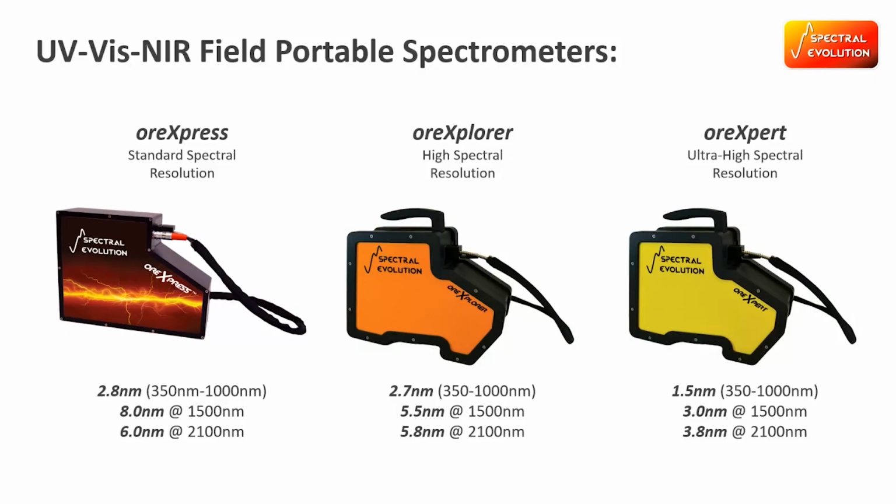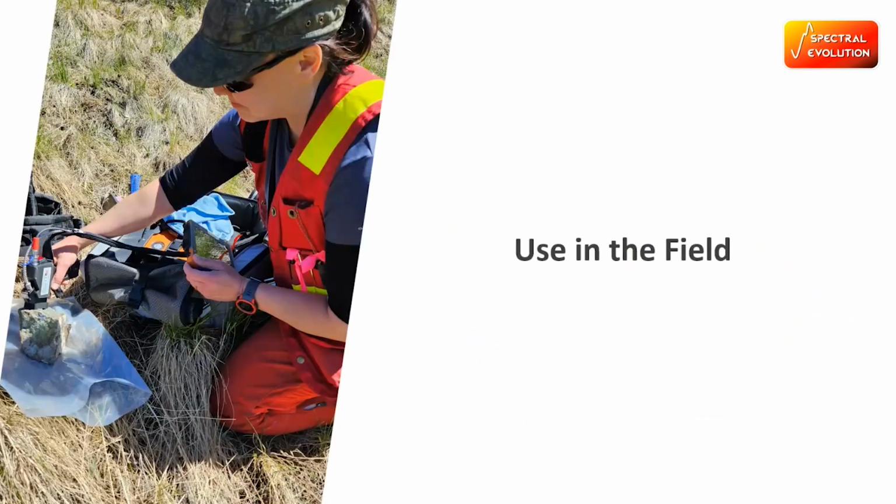So for all of your really hard to differentiate minerals, the oreXpert is the best option for you. But for most applications, an oreXplorer's resolution is excellent for differentiating different minerals without ambiguity.